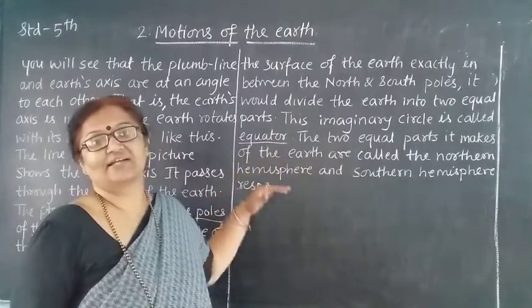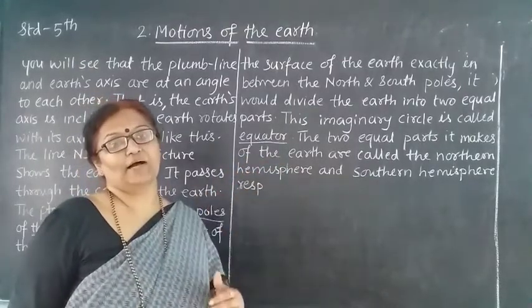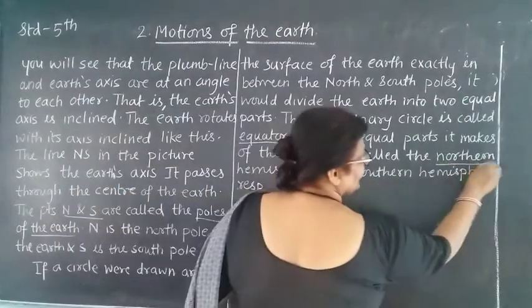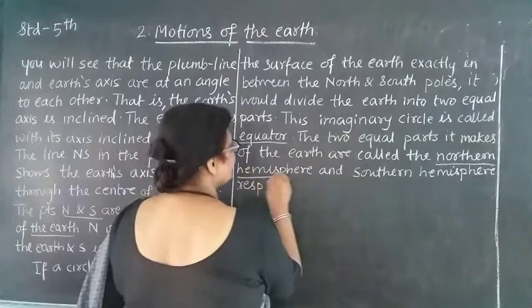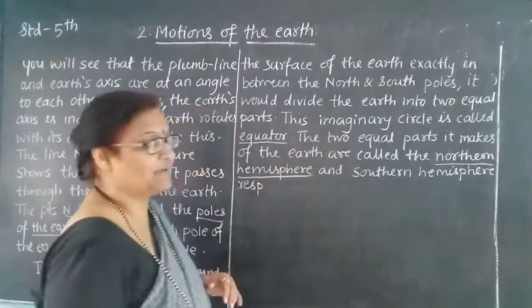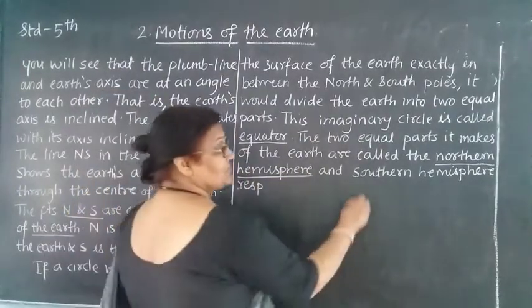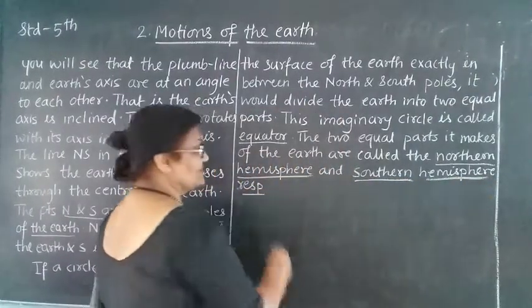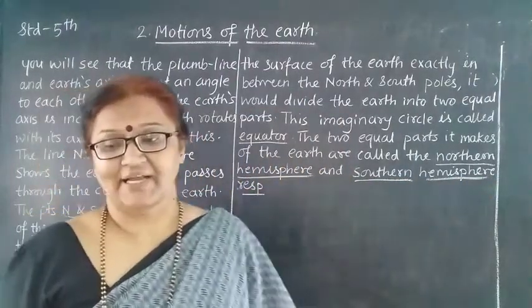Due to the equator, the earth is divided into two parts. The part which belongs to the north side is called the northern hemisphere, and the part which belongs to the southern side is called the southern hemisphere respectively.